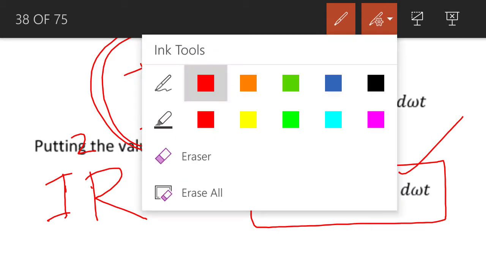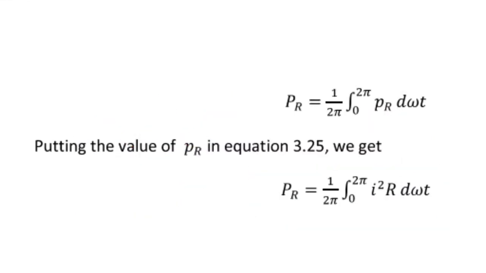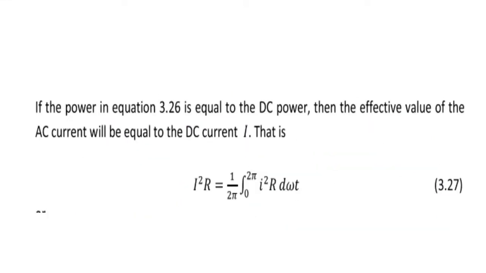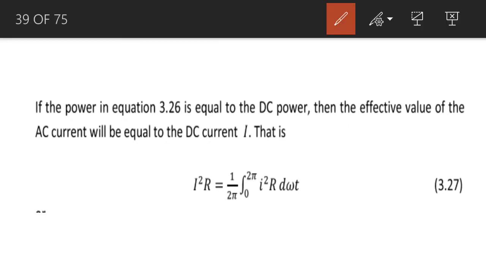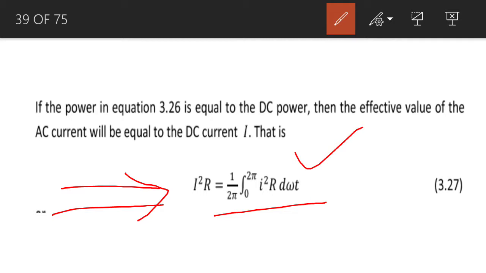So we compare the DC power with this AC power. I square R is the DC power which is taken by this resistor from the DC voltage source, and on the right hand side of this equation we have the average value of the AC power which is taken by the same resistor from the AC voltage source.